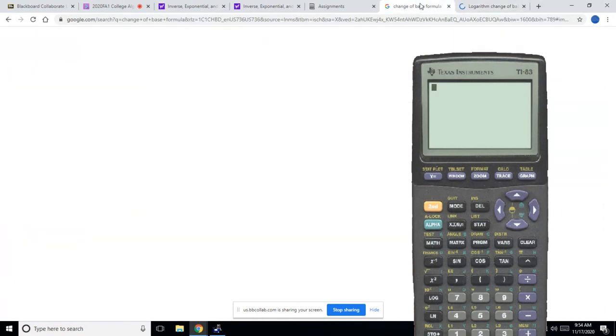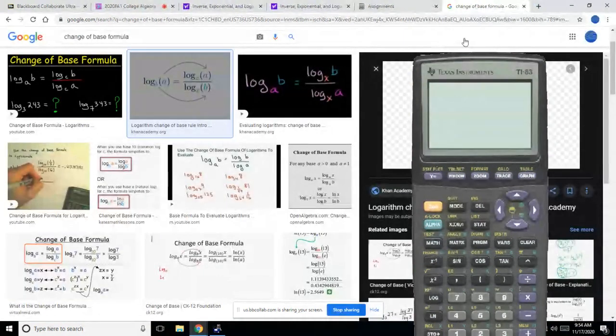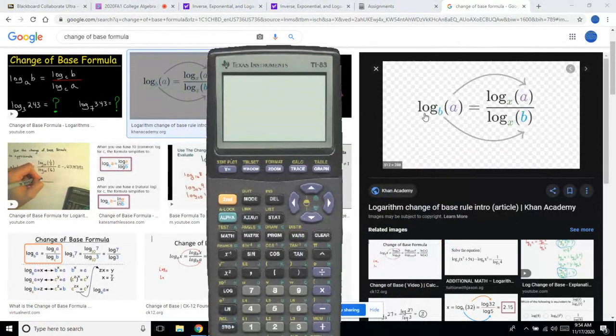Okay, I actually just wanted the formula, not a video. So we just kind of take this. I hope everybody can see this. This is the log base b of a, right? So here in my initial log, my base is b. The argument of my base is a.